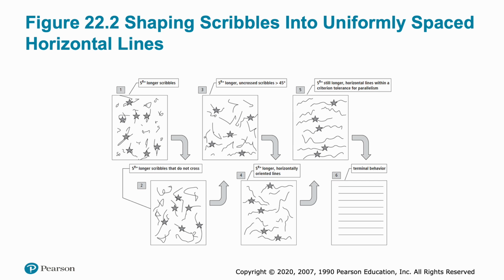Eventually, you only reinforce them tracing within the lines, and then eventually perfectly following along with the line. Until eventually you don't provide the lines any longer. Maybe you only provide the dots on the paper that designate where to begin the letter and where to finish the letter, until finally they can just copy letters and then just write letters from memory.